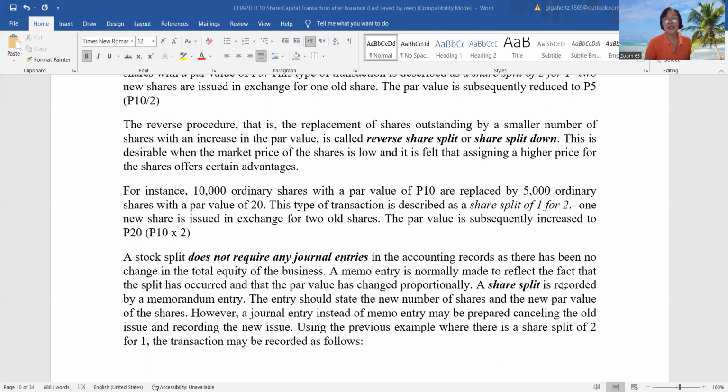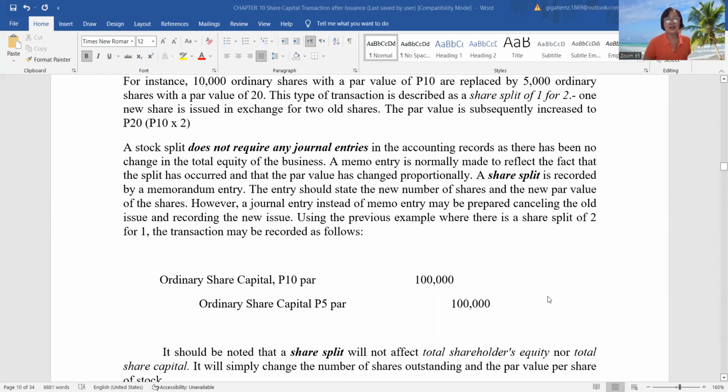However, a journal entry instead of a memo entry may still be prepared, canceling the old issue and recording the new issue. Using the previous example that we had where there is a share split of 2-for-1, 2 new for 1 old, the transaction may be recorded as follows.